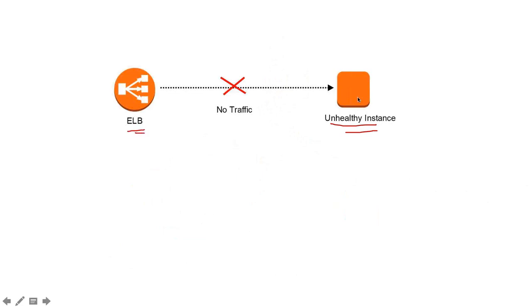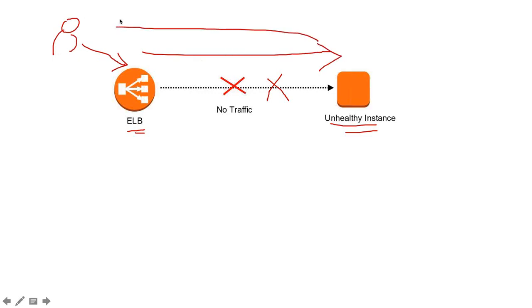If this instance fails the health check, the load balancer will stop sending traffic to it. Why? Because if the user sends the traffic to the load balancer, and the load balancer by mistake sends it to the unhealthy instance, the user will get a 'page cannot be displayed' error. So to avoid this kind of situation, whenever the load balancer gets to know that an instance is unhealthy and not fit to handle users' traffic, it will stop sending the traffic to it.